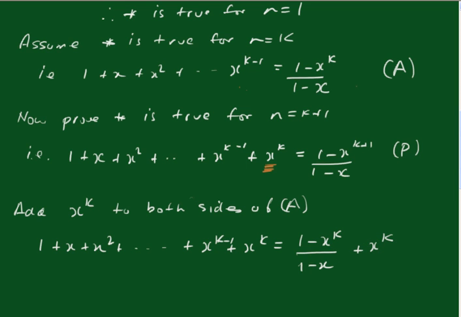I'll just highlight that. So that's the one I've added to both sides of the statement here. Okay, both sides been added. Okay, that we've assumed to be true, so that's okay.